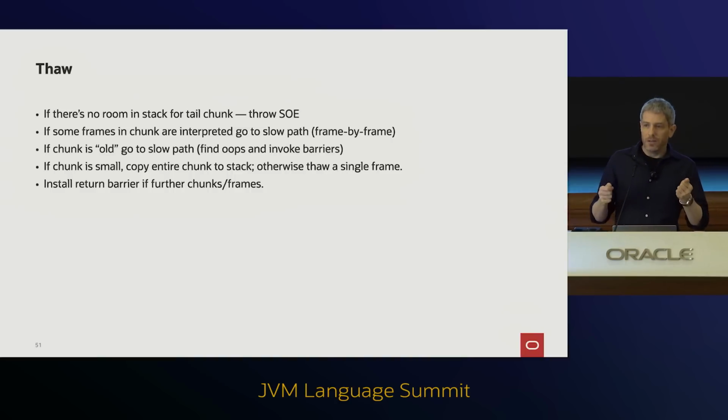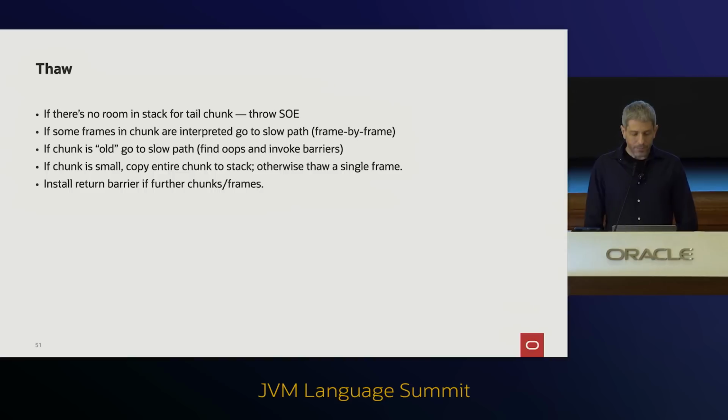If the chunk has already been seen by the GC, we can do a copy, but in that case we need to invoke some GC barriers. Thawing a frame from an old chunk is similar to writing nulls into an object array. If the array is old, we need to tell the GC that those oops are gone, they're now null. So in that case, we do need to parse the frames and to invoke barriers.